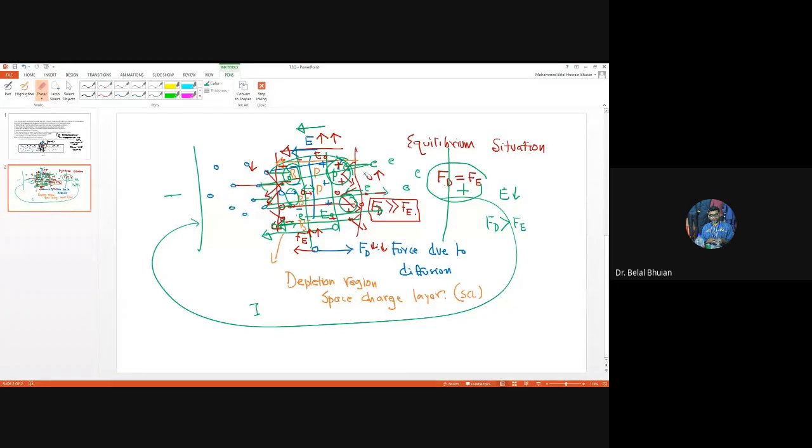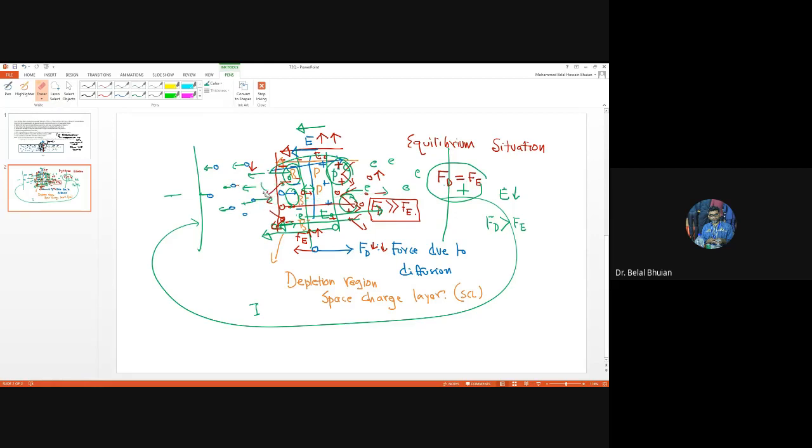So let's say, this. When we have reverse bias, the holes will move in the opposite direction because holes will be attracted. So if this hole moves away, so let's say this hole has moved away, this hole has moved away, this hole has moved away.